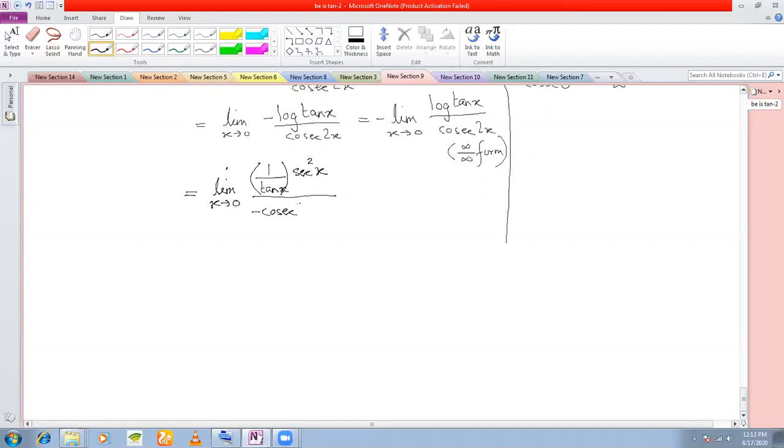Minus cosec x cot x, right? Into the d/dx of 2x, which is 2. So here minus 2. Is the differentiation clear? Yes, sir. Okay.